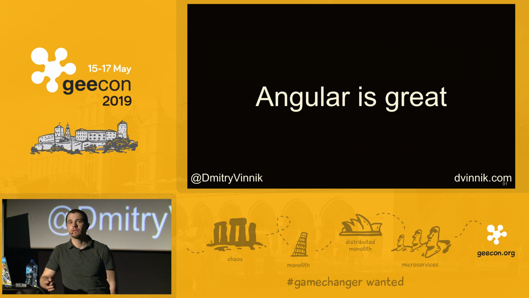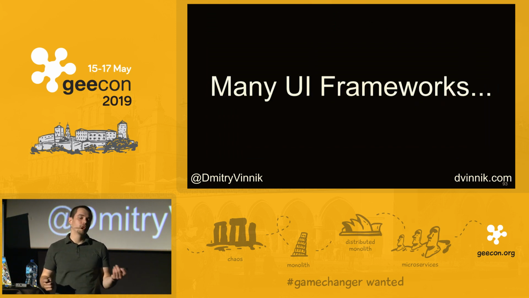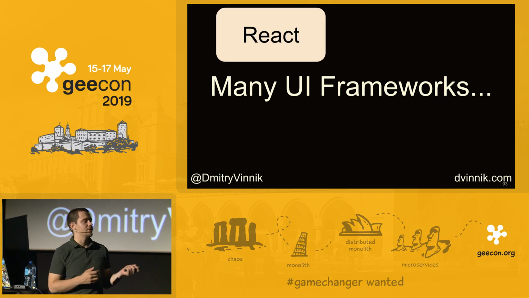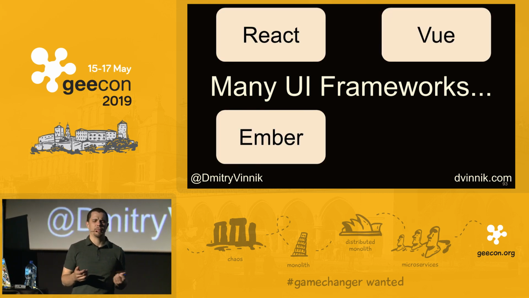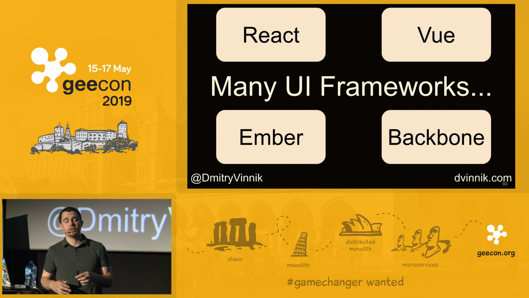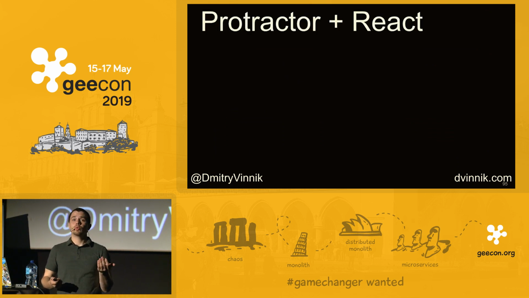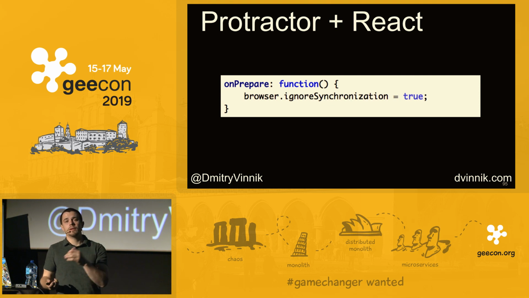But Angular is great, and so, but maybe for the better or for the worse, we have so many other UI frameworks out there. There is obviously React, Vue, there is Ember, Backbone, and many other ones. I would never be able to mention all of them here, of course. But let's say I wanted to write and run my Protractor with a React application. You can easily do that by simply turning off the synchronization.